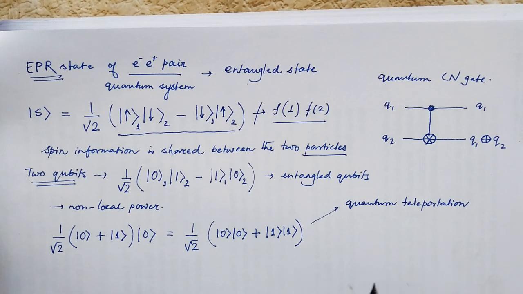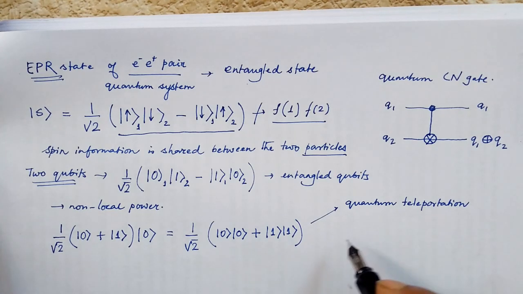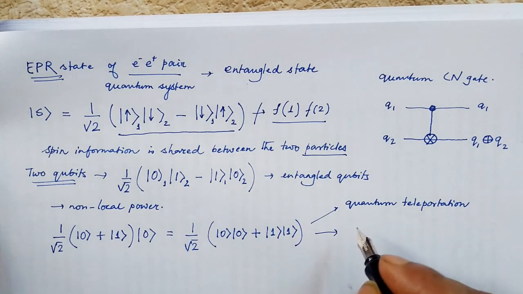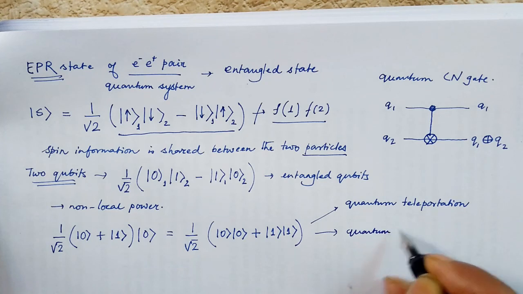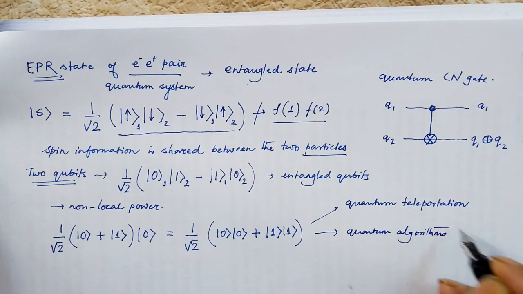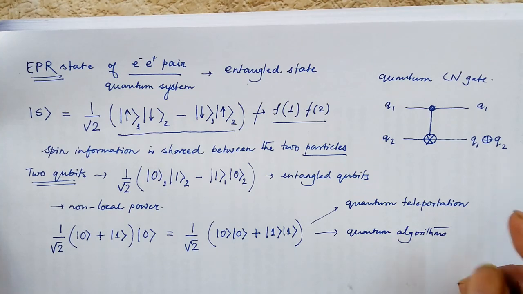So interacting with one half of this EPR pair affects the other half in a non-local way. This is a very essential ingredient; you will find this in almost all quantum algorithms on a quantum computer.